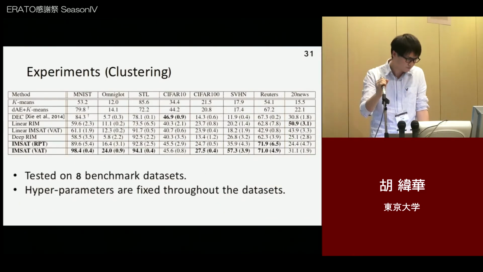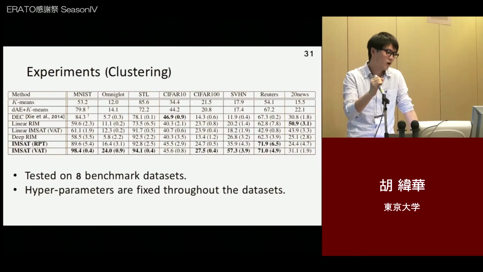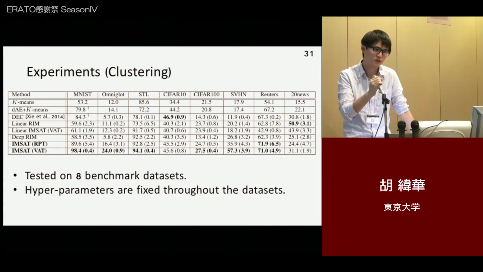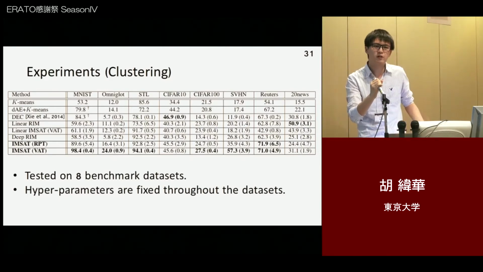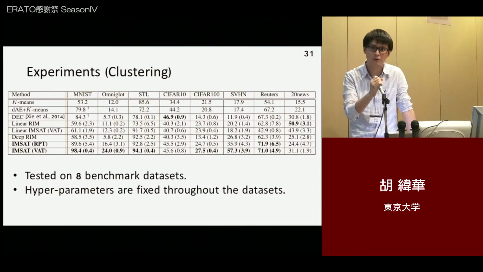In our experiments, we tested previous methods and our method on 8 benchmark datasets that include image classification data and also a text classification dataset. Since we are considering an unsupervised learning scenario, we fixed hyperparameters throughout the datasets for all the methods.